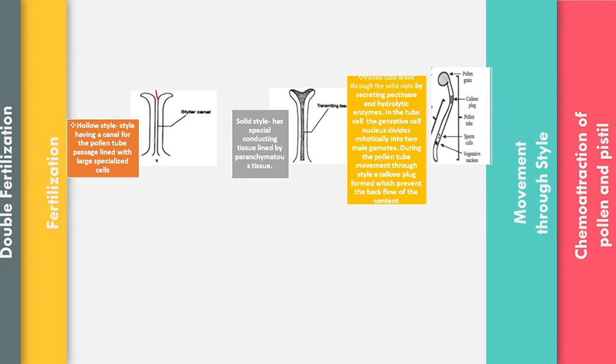The pollen tube will move through the style by secreting enzymes known as pectinase and hydrolytic enzymes. Okay, इसको तोड़ती हुई अंदर ब्रेक करती हुई अंदर जाएगी. This is the case of the solid style.